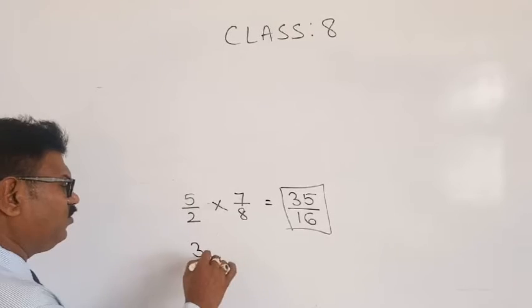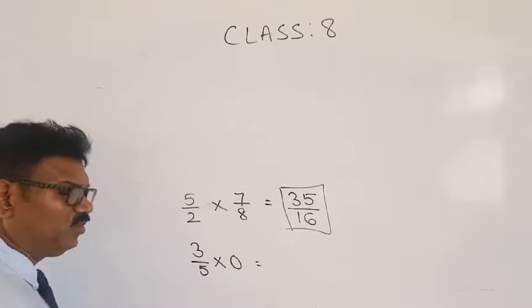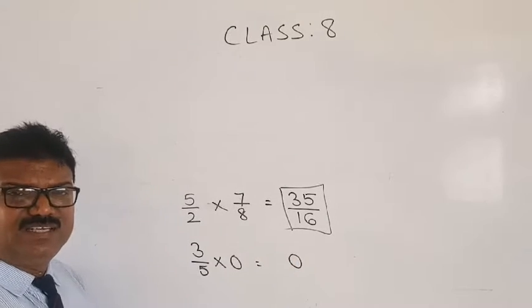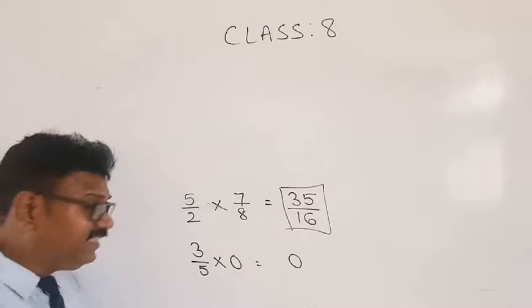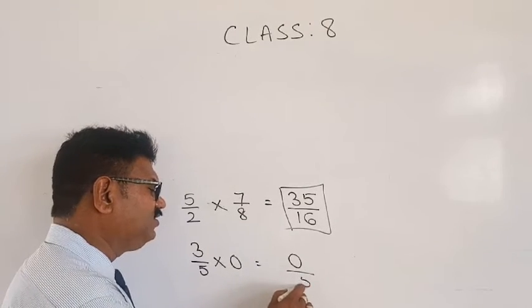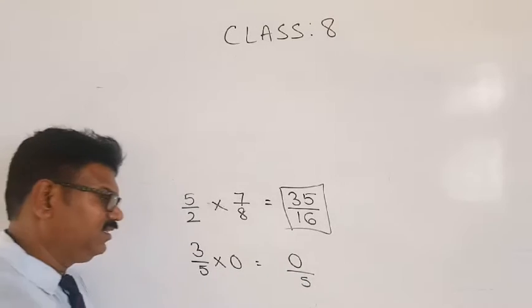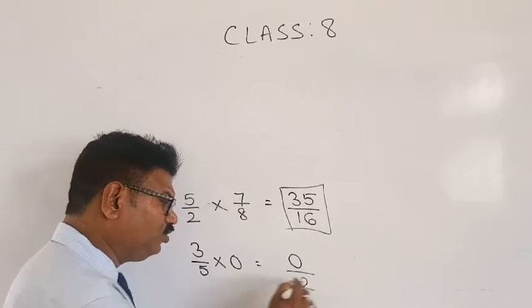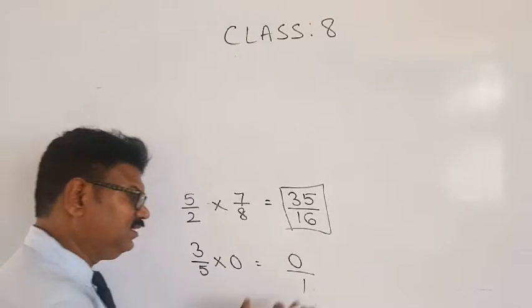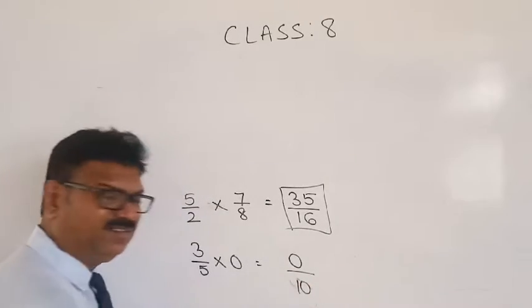3 by 5 into 0. What is the answer? 0 only. Whether 0 is a rational number or not. Again there is a doubt for you. Yes. 0 can be written as 0 by 5, 0 by 2, 0 by 1, 0 by 10.